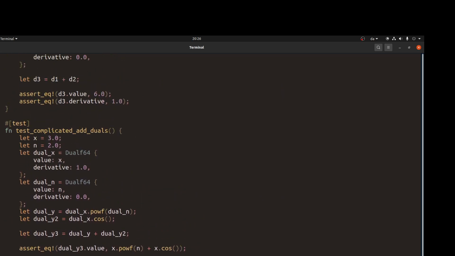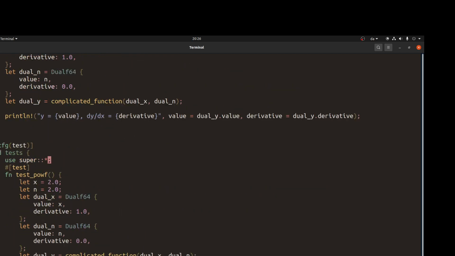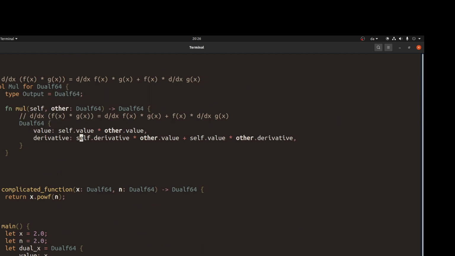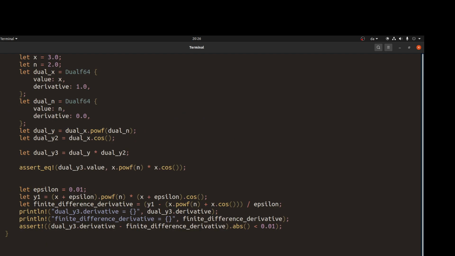So it does seem like there's a bug somewhere, but there's no bug here, so it could be in the test.